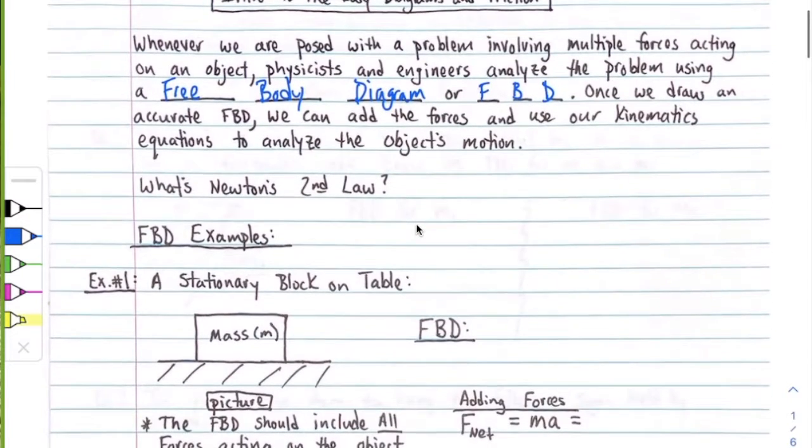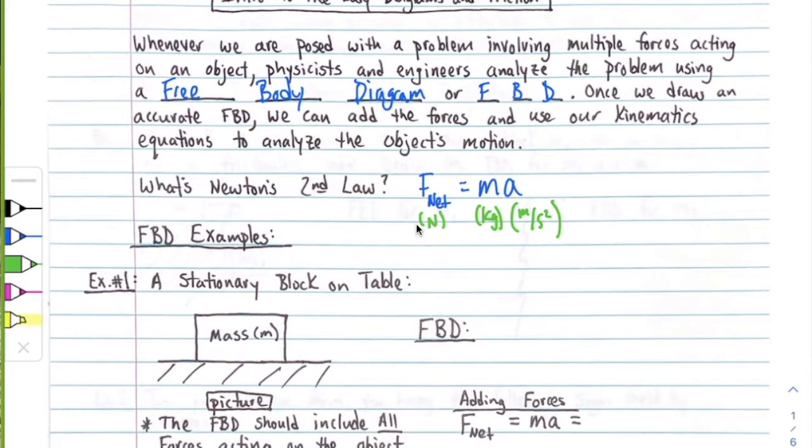What's Newton's second law? All right, so if we go back, Newton's second law says F net is equal to m times a. And remember that forces are always measured in newtons or uppercase N, mass is in kilograms, and acceleration is in meters per second squared.